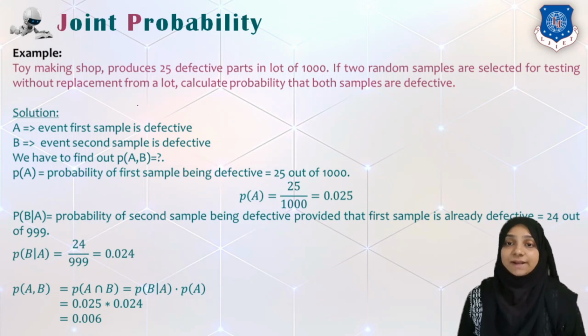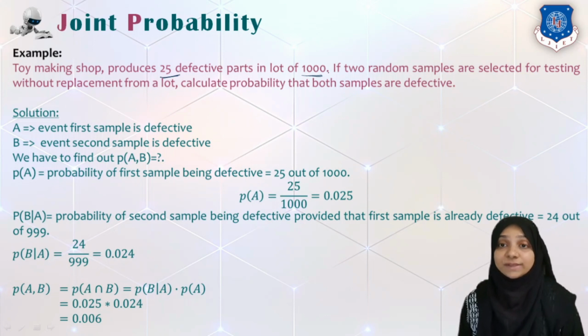Let us understand this joint probability. There is one toy making shop which produces 25 defective parts in a lot of 1000 toys. So if there are in total 1000 toys which are produced by a company, 25 defective toys will be there.